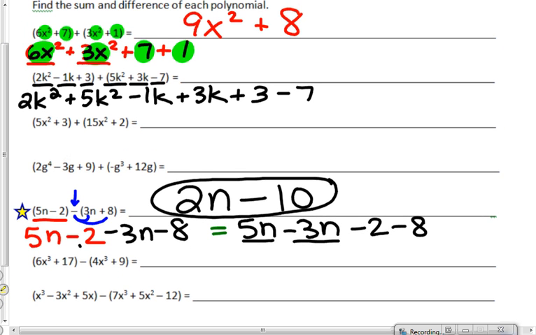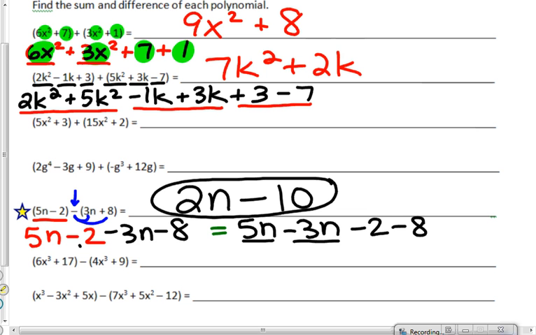It's a good idea to underline or cross things out as you start to write them down so you don't write them twice or you don't forget anything. Check means good.